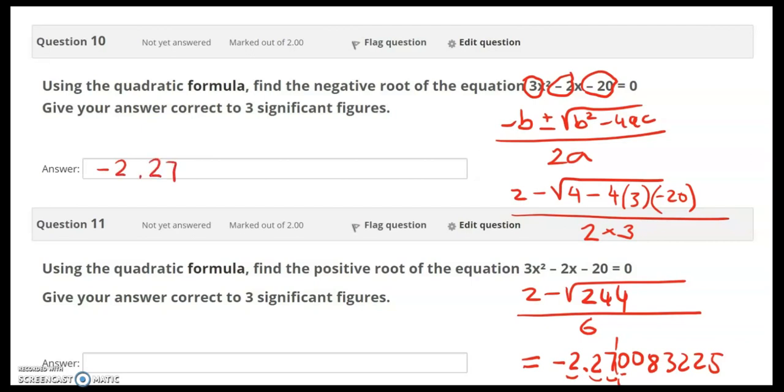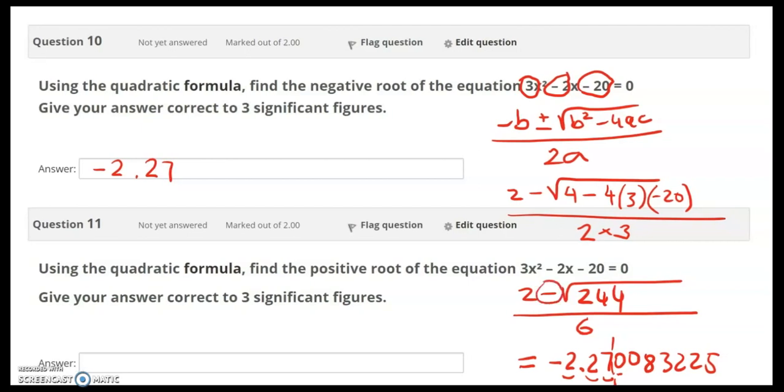2.27. To work out the positive root, which is the next question, all we have to do is change this sign into a positive. Remember from this part where we had positive and negative, and we picked the negative one, so now we need to replace that with a positive. So we'll go 2 add the square root of 244, divided by 6.